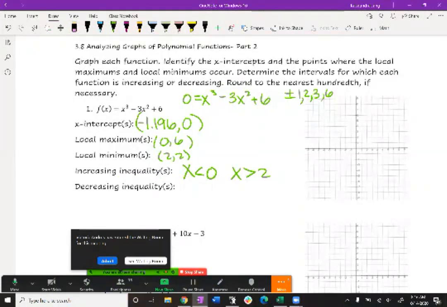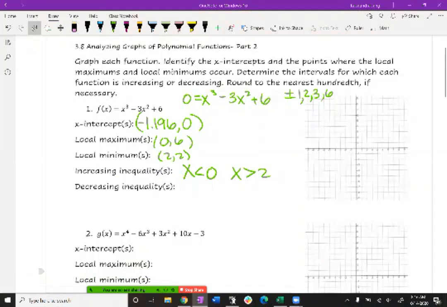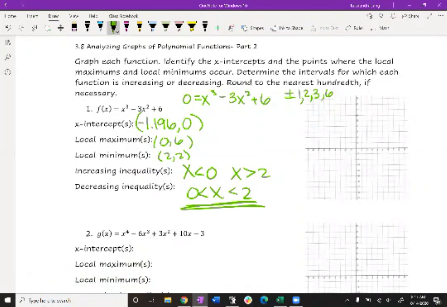And then decreasing inequality, I think it was between those guys. It was going down, decreasing between those guys. Which means I want the X's that are greater than 0, and then the X's that are less than 2. It's like between the 0 and the 2. So if I'm doing this as an inequality, again, mouth eats a bigger number, right?